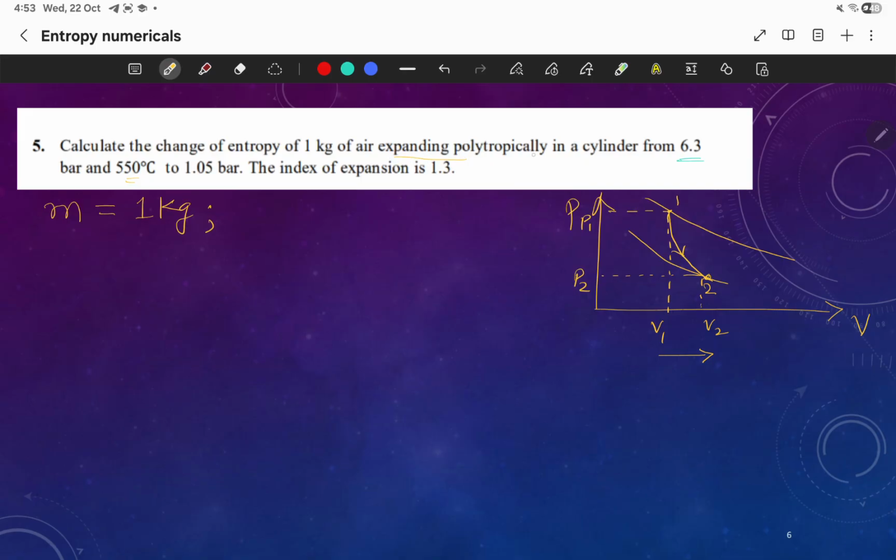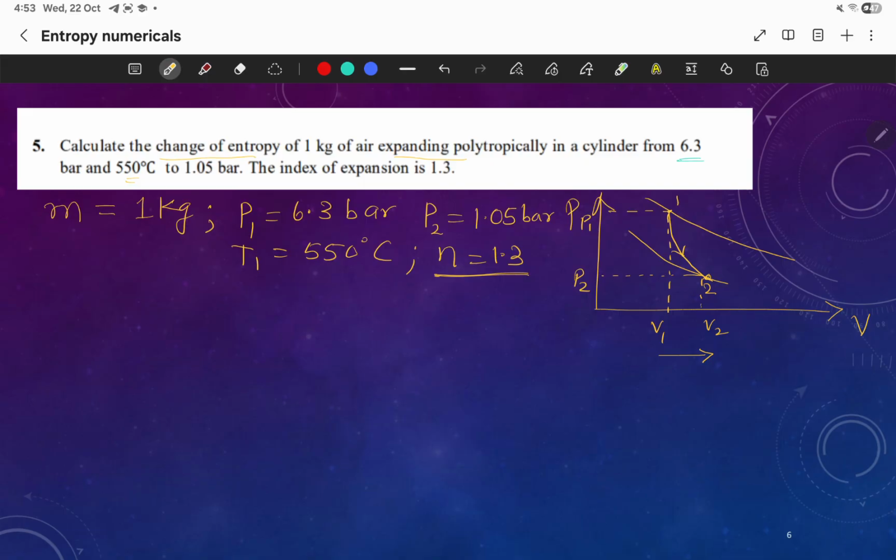Okay, air expanding polytropically in a cylinder from pressure P1 is 6.3 bar and T1 is 550 degrees Celsius to P2 is 1.05 bar, and the index of expansion n is 1.3. Okay, fine. So these things are given and it is asking to calculate the change in entropy.